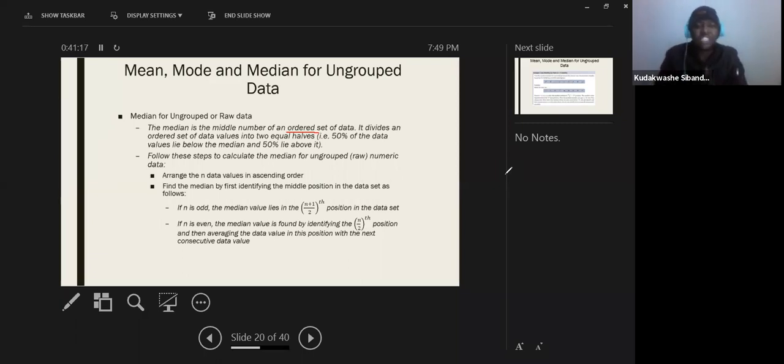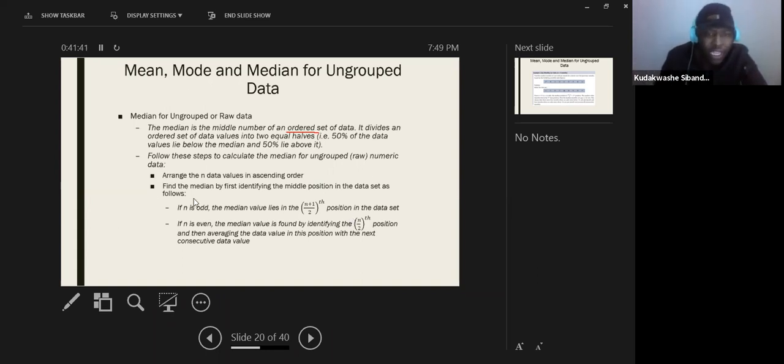The first thing is, when you are given individual data points, you need to arrange those data points in ascending order. When we are talking about ascending order, we are saying that you arrange them from the smallest to the highest, to the maximum value.